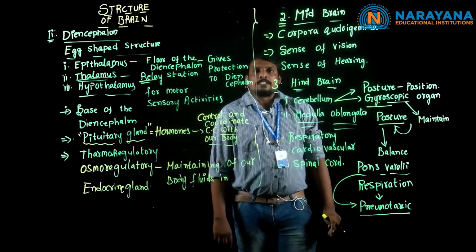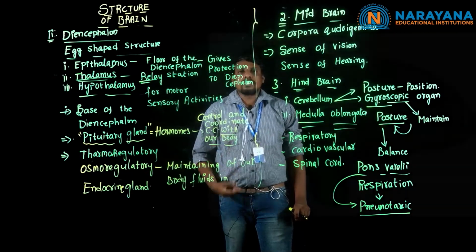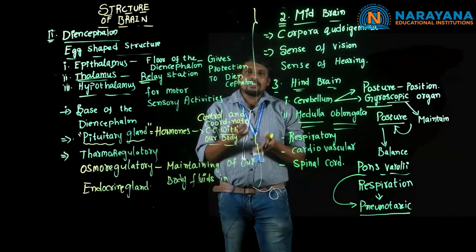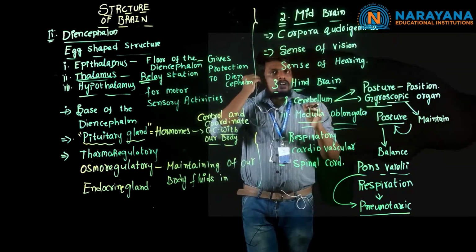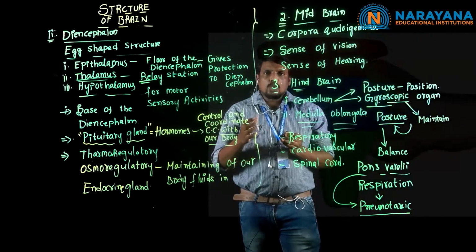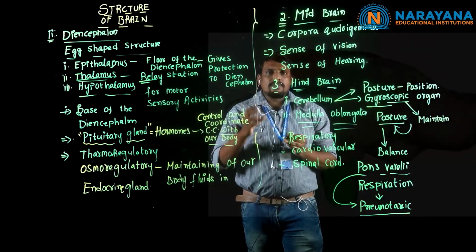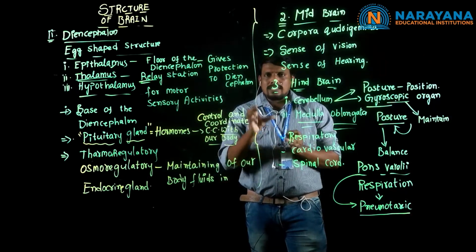What kind of respiration? During respiration, some of the activities are controlled by the pneumotaxic center. What are the activities influenced by the pneumotaxic center? The pons varolii is responsible for controlling the concentration of the blood during inhalation and exhalation. Only a single function is there.